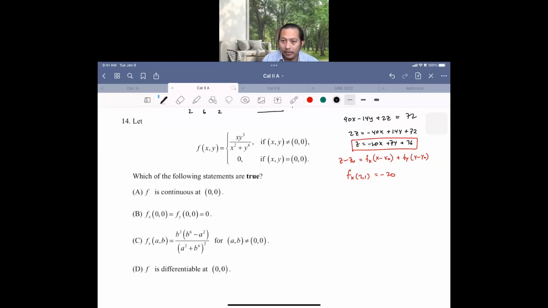Okay, any other, A and C? Is it continuous? To find whether it's continuous or not, we need to equate the limit and the function itself, right?